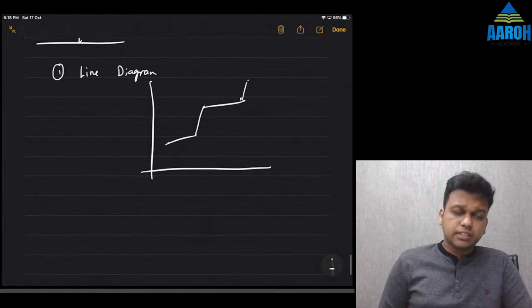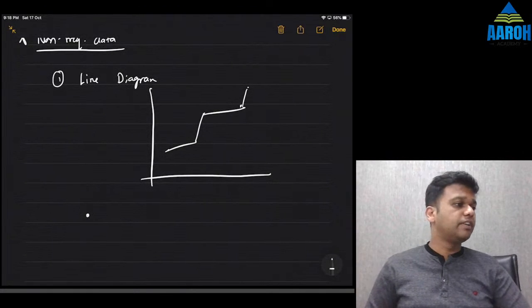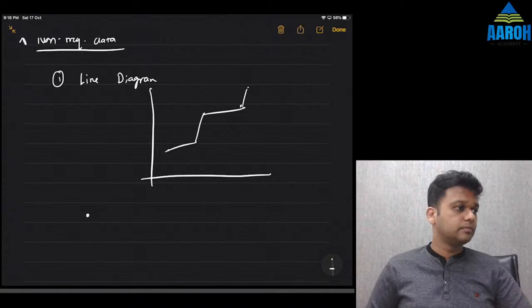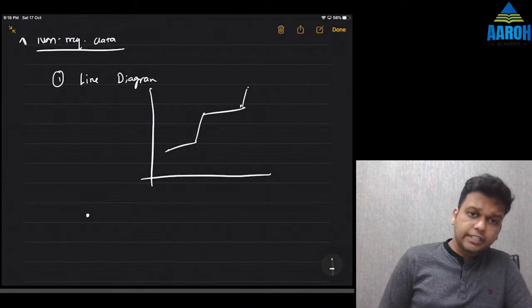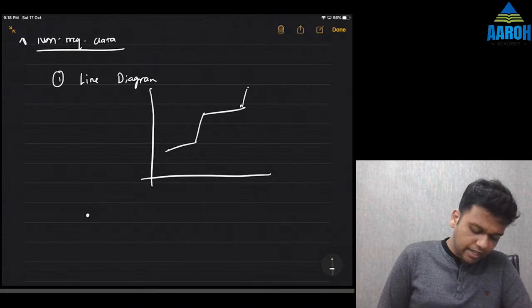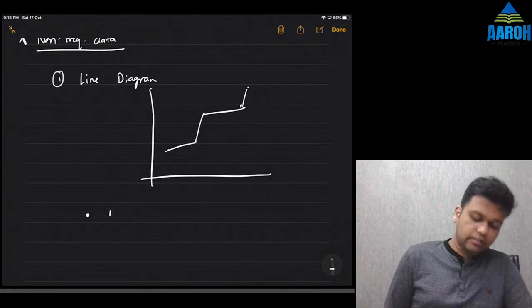We have seen this in some other chapter. Can anyone tell me for which data this will be more useful? For which type of data this will be more useful? Line diagram. Anyone? It is useful more for time series data, right? Since it shows us trend.